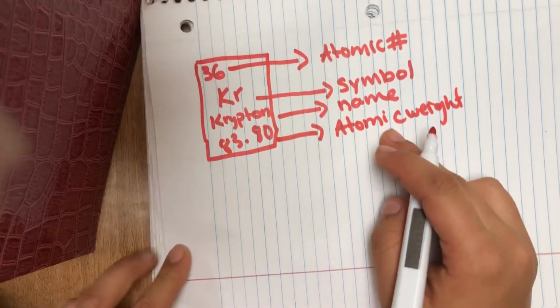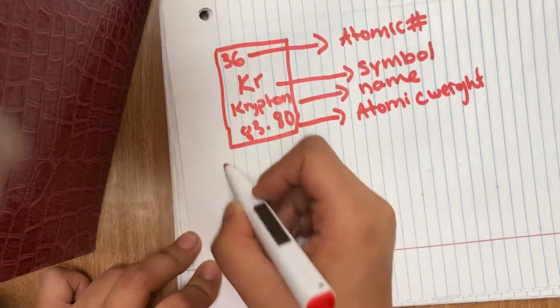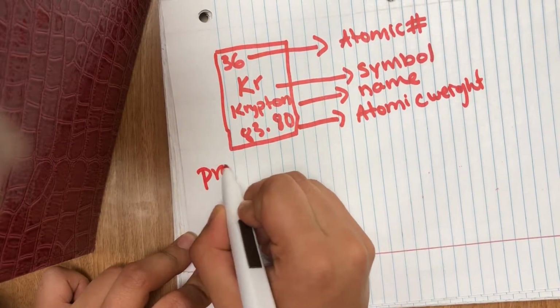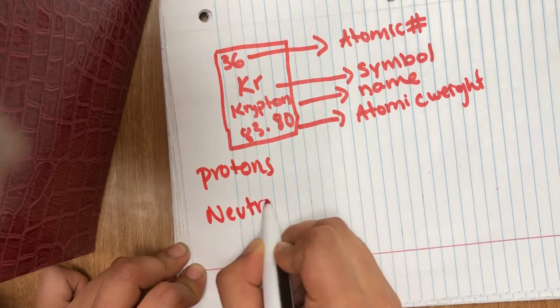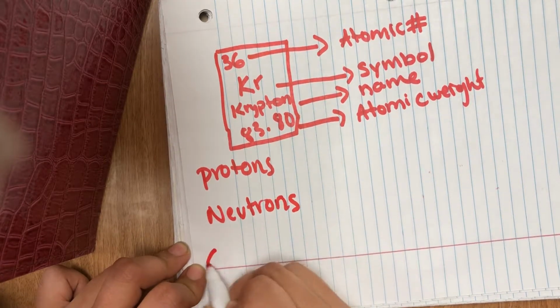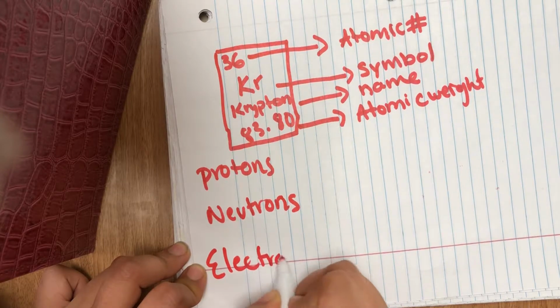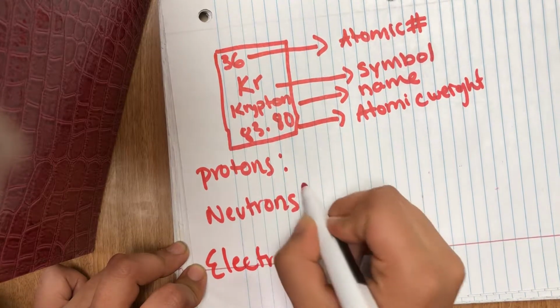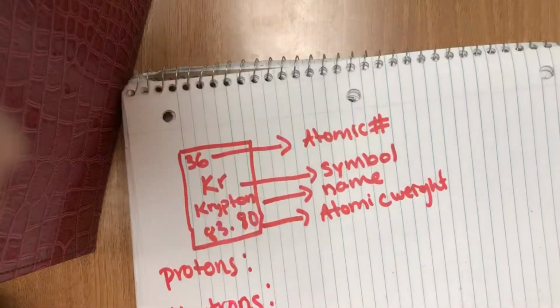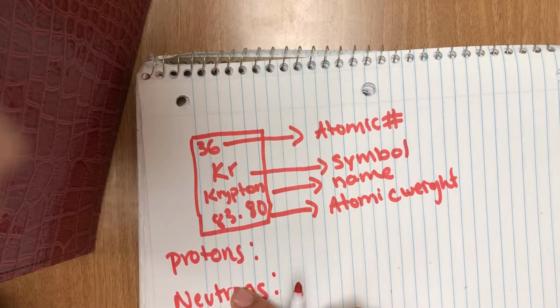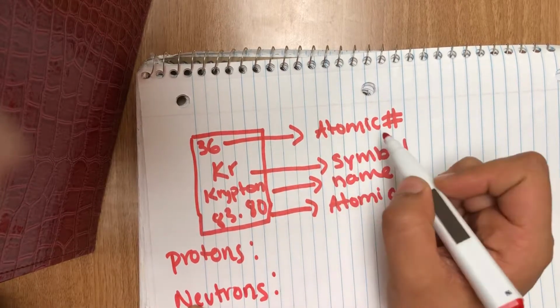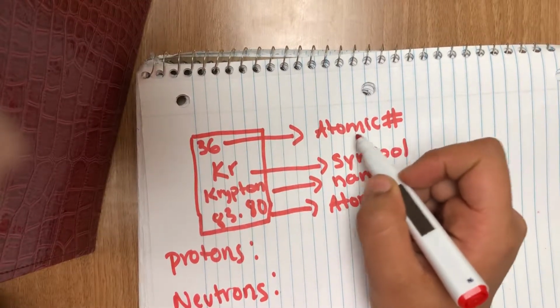The things we're going to learn in this video are how to find the protons, the neutrons, and the electrons. Starting off with protons: the number of protons is equal to the atomic number of the element.